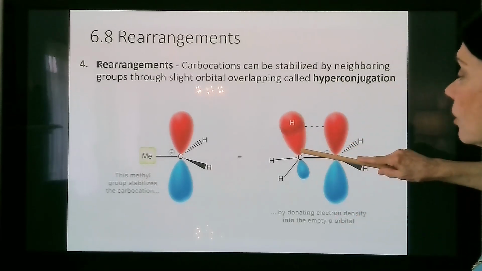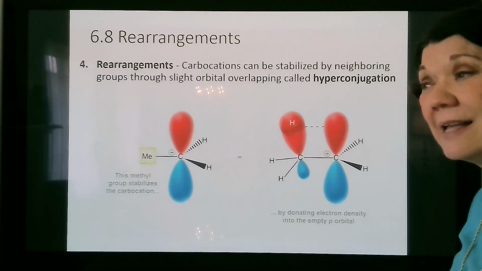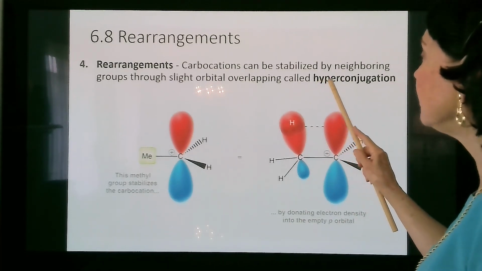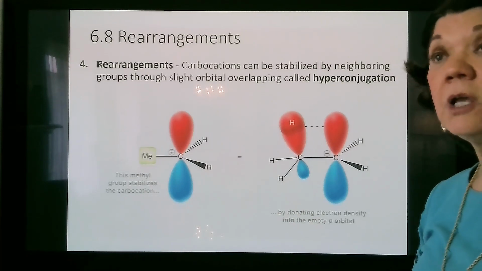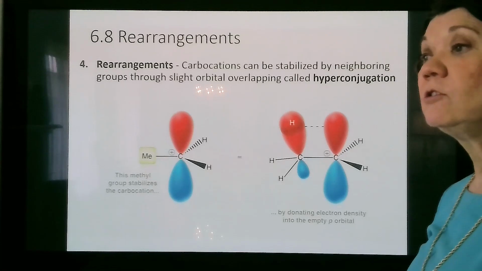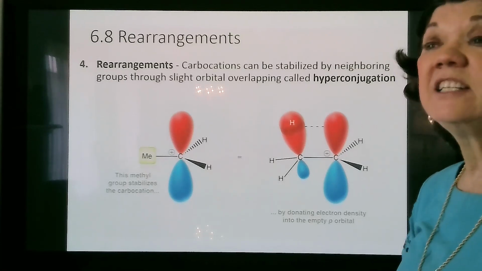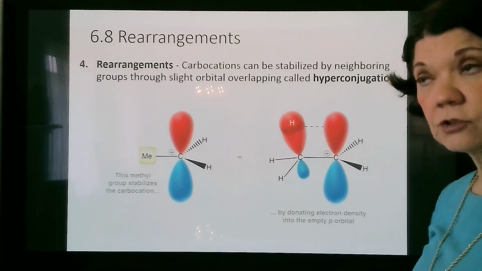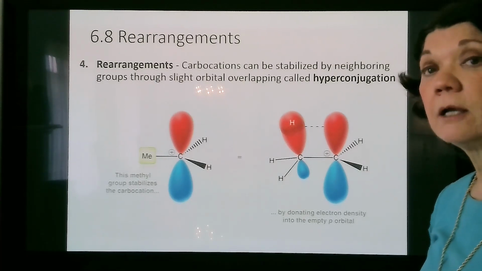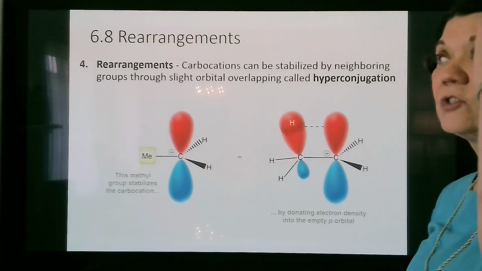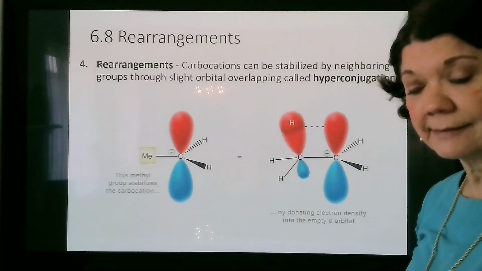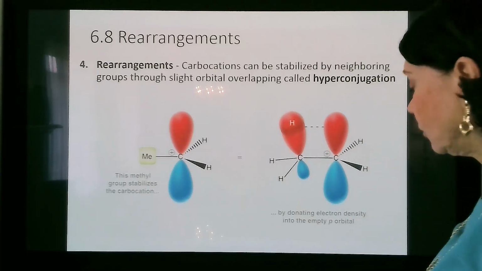But when this happens, the conjugation is much less, and so it's called hyperconjugation. In chemistry, anytime you see this word hyper, it means that it's sort of a lesser effect, and it will be observed in addition to other effects. It will be observed on top of or over other effects because it'll be a secondary effect, because it's so much less. So that's what the word hyper means.